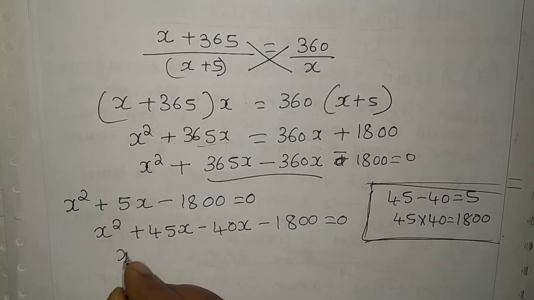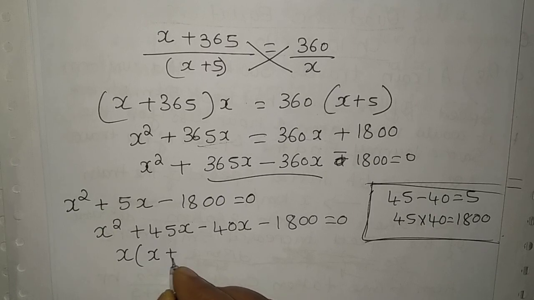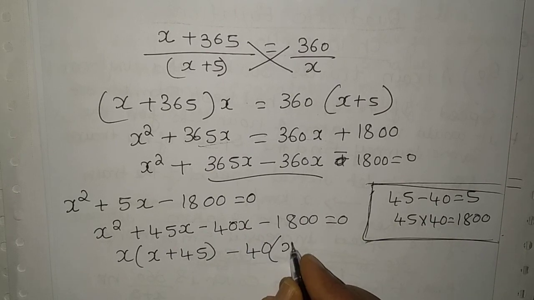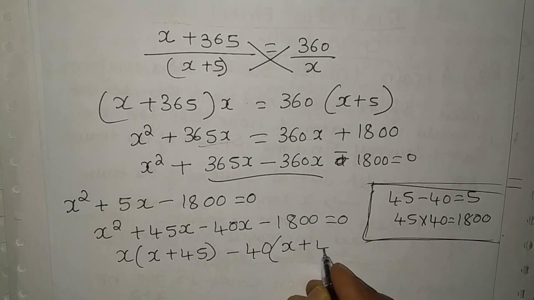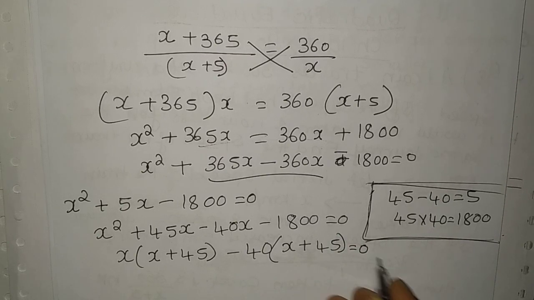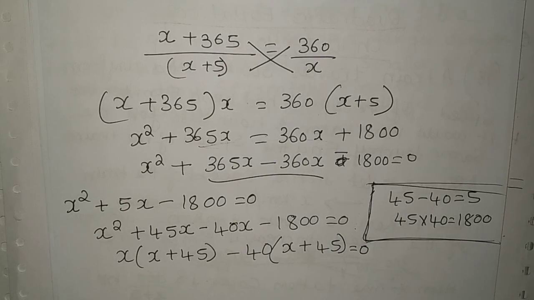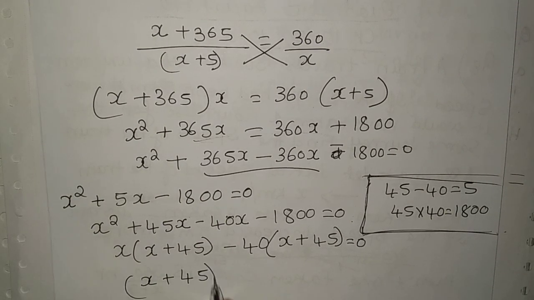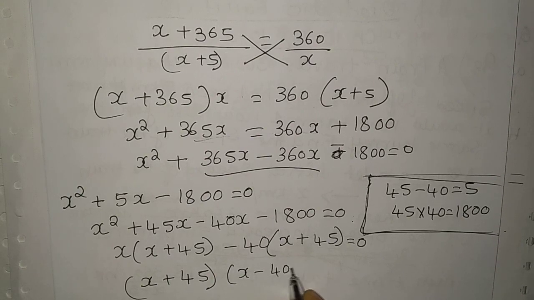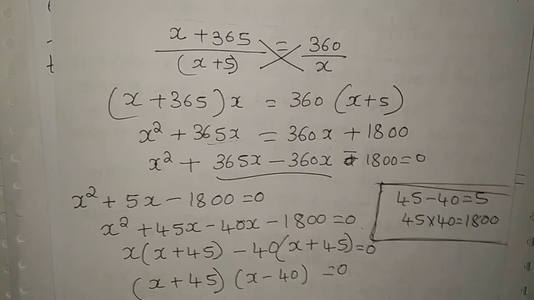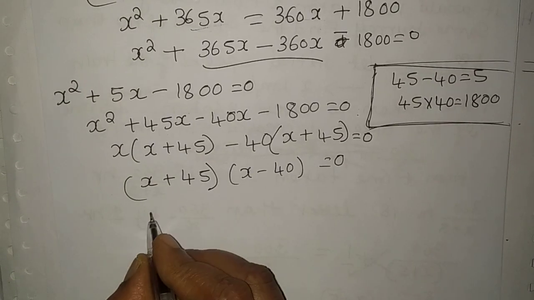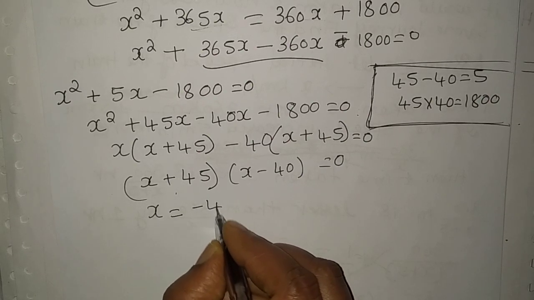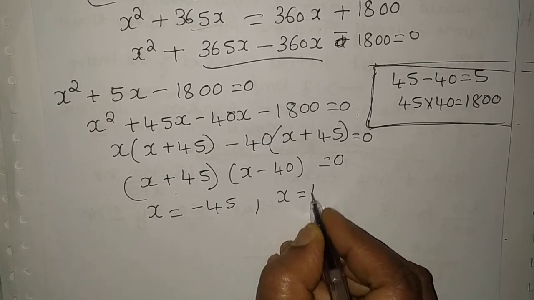Further simplifying, take x common: x plus 45, then minus 40, x plus 45. 45 into 40 becomes 1800. So x minus 40, x plus 45 is equal to 0. Next, x is equal to minus 45 and x is equal to 40.